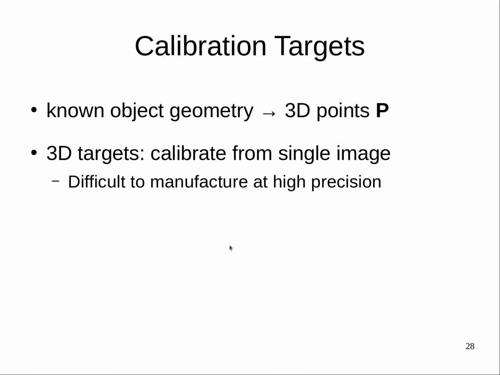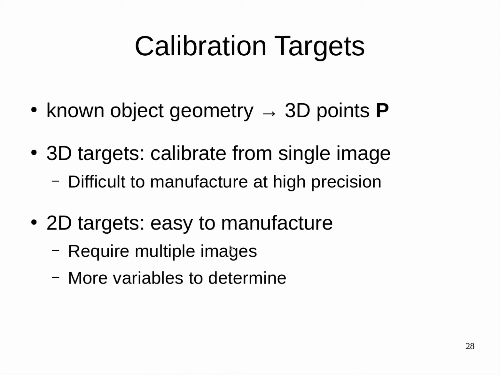Therefore, the second choice for obtaining known object geometry is a 2D target. And those are easy to manufacture because all you need to do is print something.